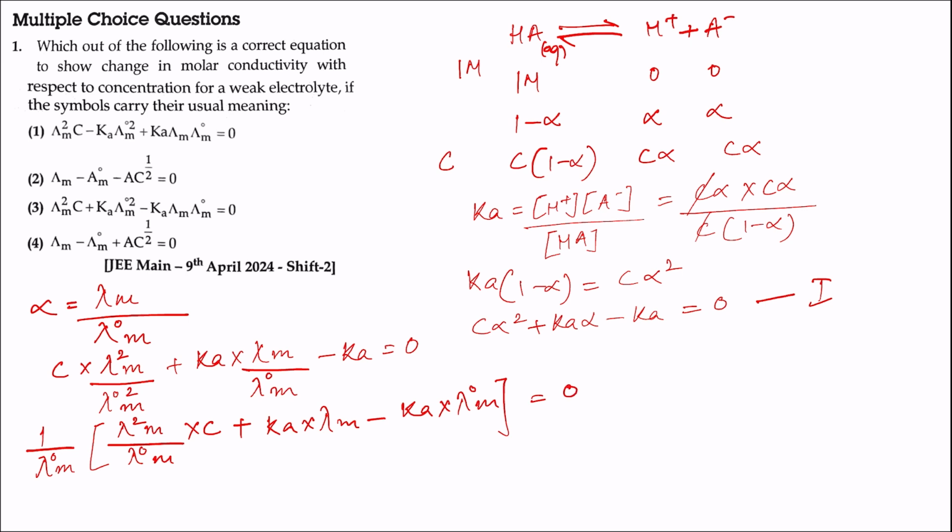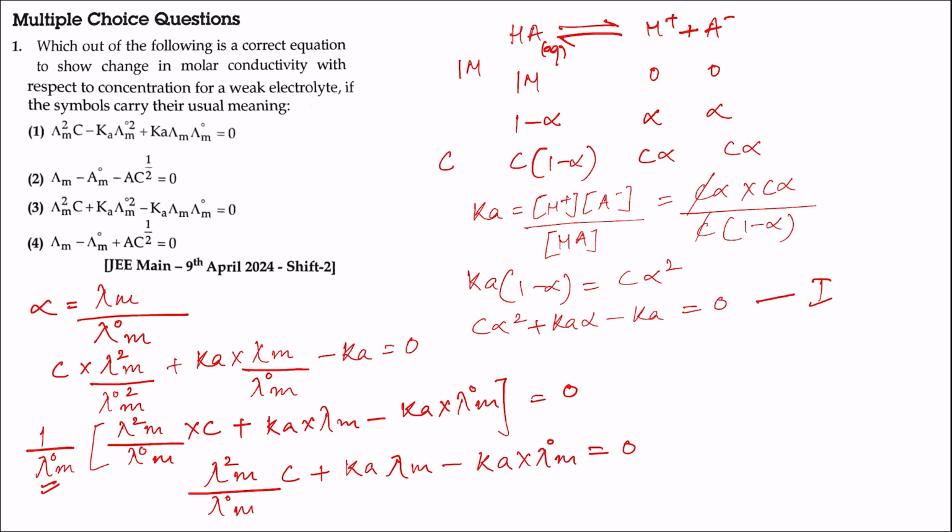Now rearranging this equation, lambda naught m, when it goes to the right hand side, becomes 0, and the final equation is lambda square m by lambda naught m into C plus Ka into lambda m minus Ka into lambda naught m, this is equal to 0.